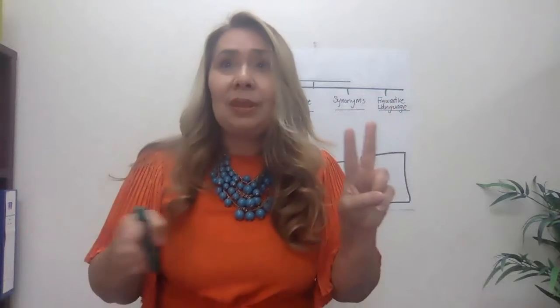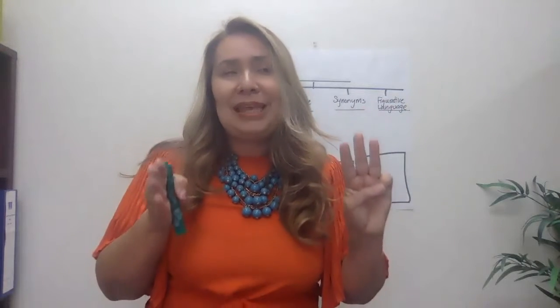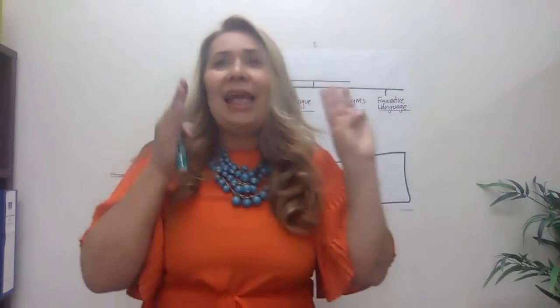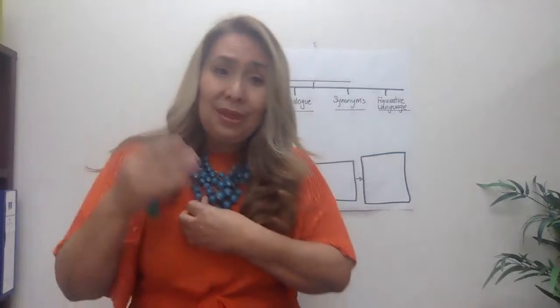Students know the vocabulary when they can define it correctly. They know the vocabulary word when they can use the word in appropriate contexts. And they know the vocabulary word when they know multiple meanings of the word. So these four factors will help guide what we as teachers need to do to make sure that our students know the vocabulary word.